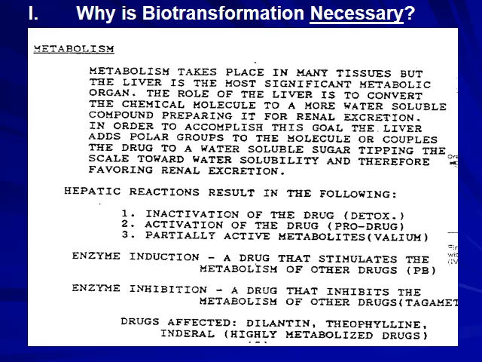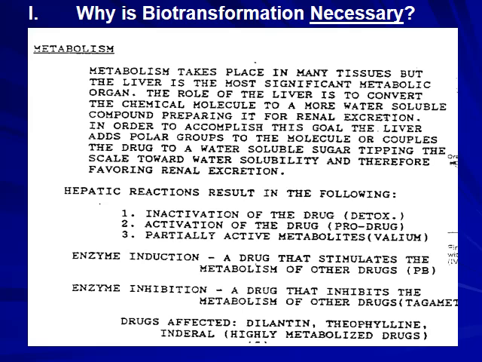Then we get over to distribution, which is the drug reaching the target site. There we talked about the volume of distribution. A high volume of distribution means the drug is able to leave the systemic circulation and go into target tissue; it can move out of the blood into the tissue.